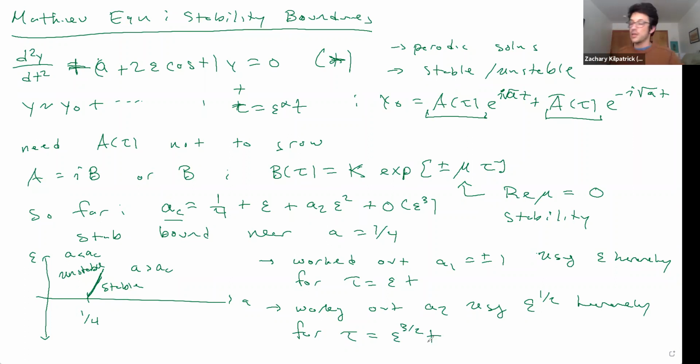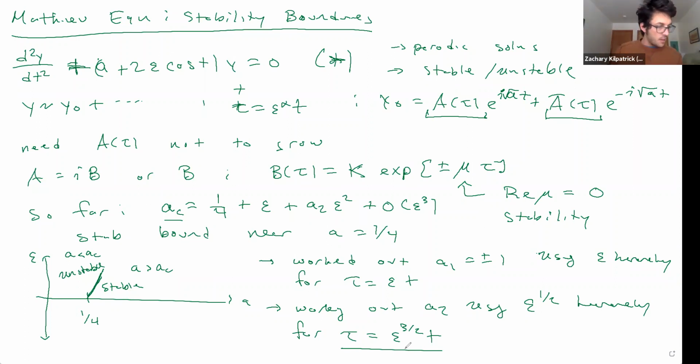On your homework, you're going to use tau equals epsilon squared t to recover A3. Okay, so we had worked through essentially the first several equations in the hierarchy.